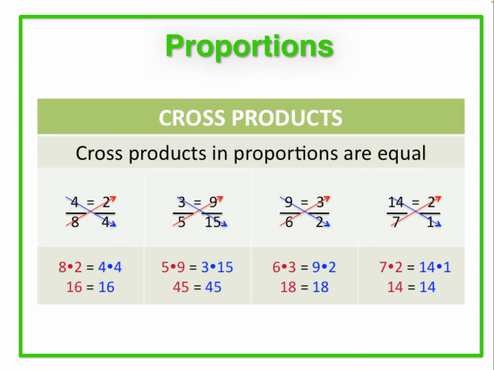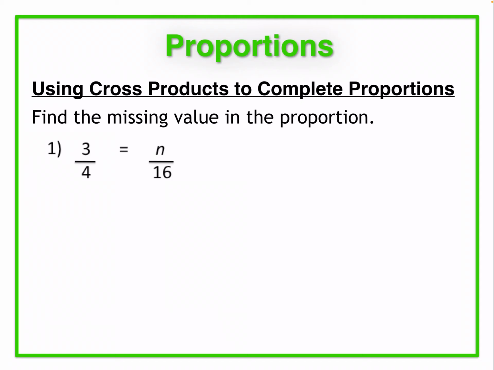So now we're going to use cross products to complete proportions. We have to find the missing value in the proportion. The first example is 3:4 as n is to 16. We have to find the value for n. Using cross products, we write it as 4 times n is the same as 3 times 16.